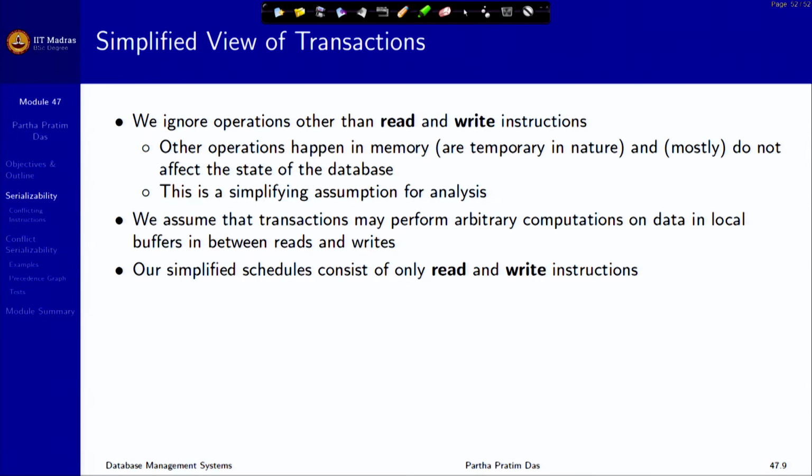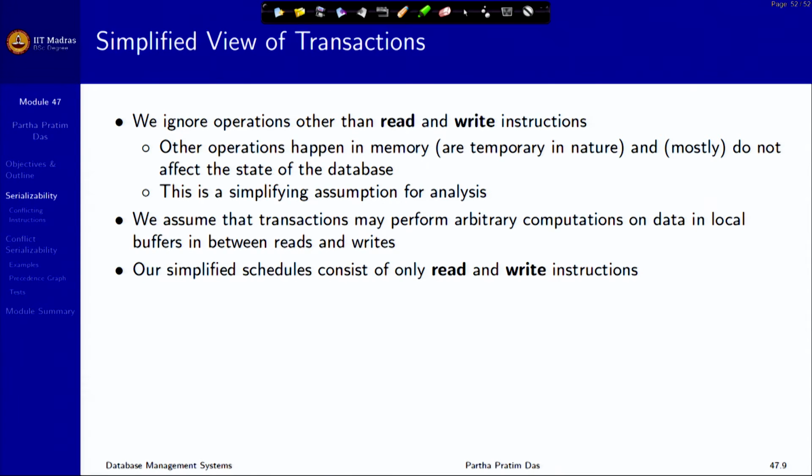Now, to talk about serializability, let us make a simplified assumption. In terms of database consistency, what is important is what you read and what you write. Whatever computation you do in between, after reading and before writing, is not a matter of the order in which you do things, because that is a matter of pure and simple logic.